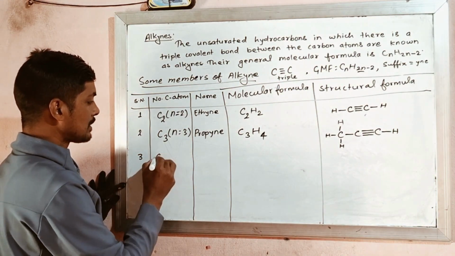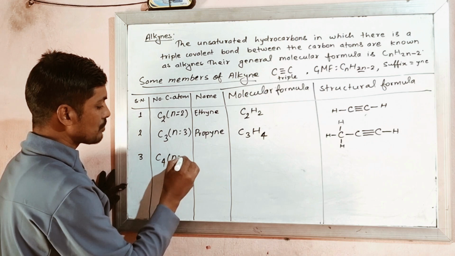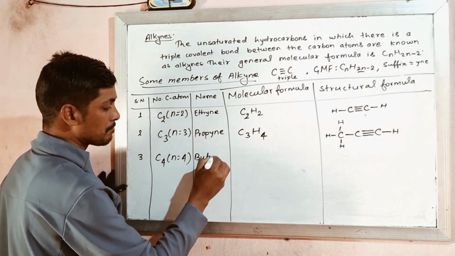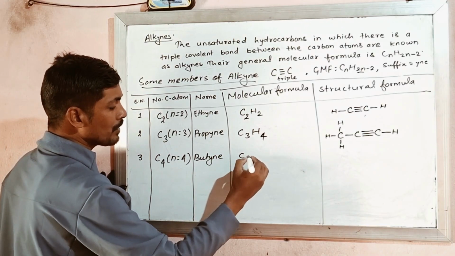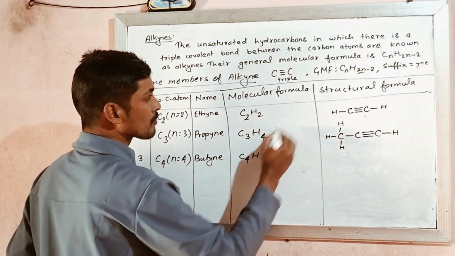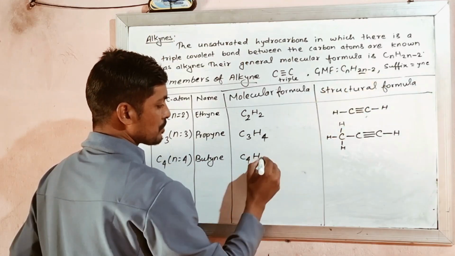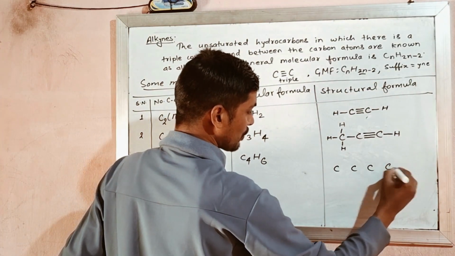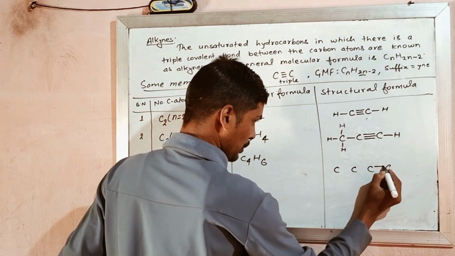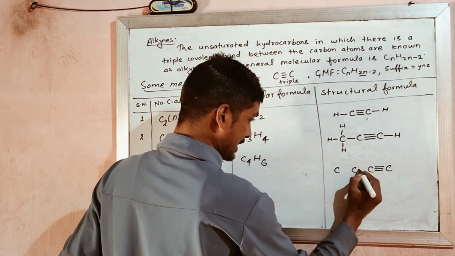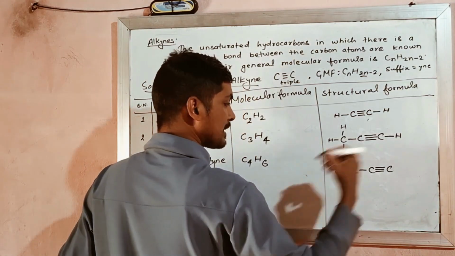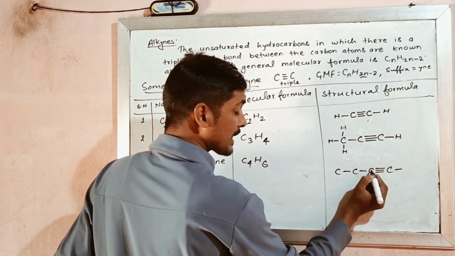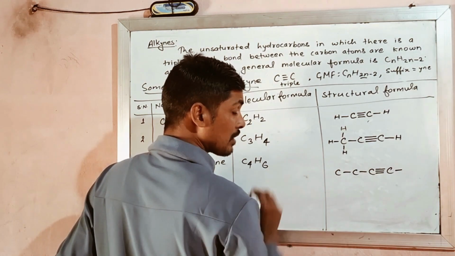Next member, C4, n is equal to 4. Now the name will be butyne. C4, H how many? 2 into 4 is 8 minus 2, it is 6. So 1, 2, 3, 4. Connect a triple bond between any 2 carbon atoms and single bonds on the rest of the carbon atoms. And complete 4 bonds. 3 bonds are already here in the first carbon, so one more here. The second carbon already has 4 bonds.